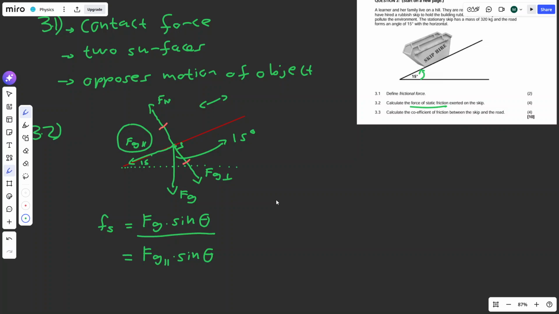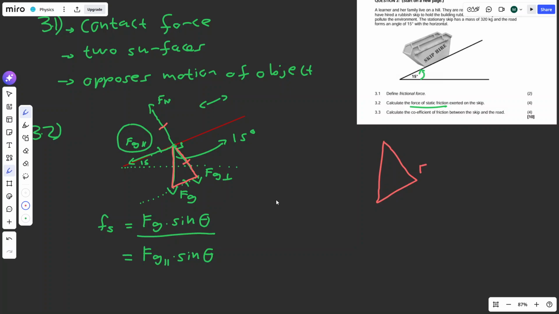Note that Fg parallel also applies here. If we draw another dotted line here, this dotted line and this plane are parallel. So now let's take this part, and I'm going to redraw this triangle here.